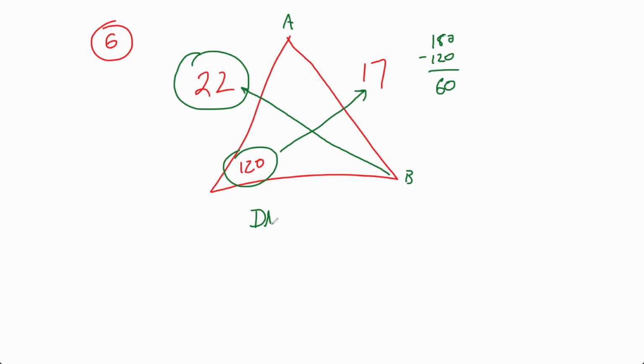I'm just going to say does not exist as drawn, right? This is not possible. I cannot have 120 degrees create a side length of 17 and then have an angle here that creates a length greater than 17 without enough angle available. So number 6, we've got does not exist.